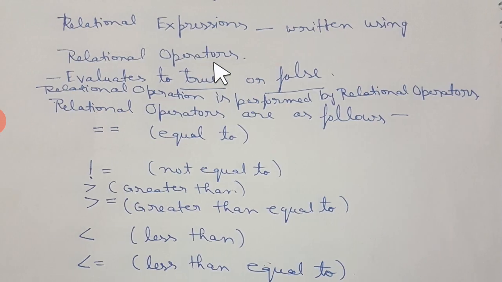Now relational expressions. They are written using the relational operators. They evaluate to either true or false. Relational operation is performed by the relational operators. Relational operators are as follows. Equal to, you can see two equal signs are there, but it is actually there to represent the equal to relational operation, because single equal to in Java is meant for assignment.